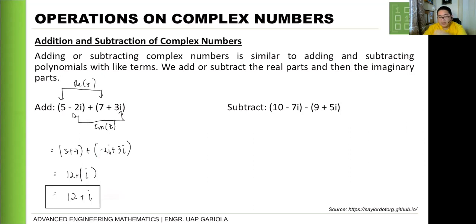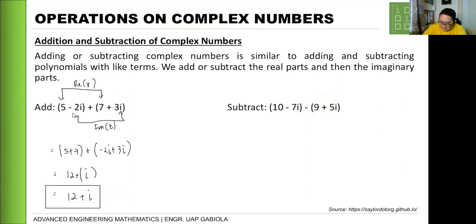subtraction, pero what we can do with subtraction is to distribute na lang muna yung negative sign kasi yun nga yung lagi nagiging mistake ng student, no? So we can distribute yung minus, yung subtraction sign natin dun sa succeeding term na kasunod niya. So ito pwede natin siyang i-distribute dito sa nasa loob natin. Okay?